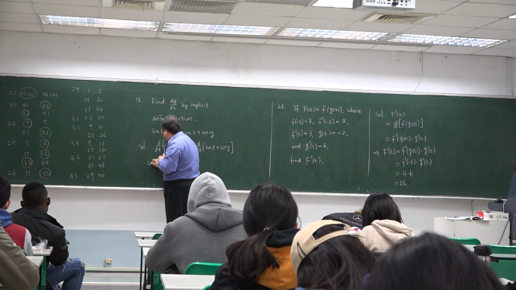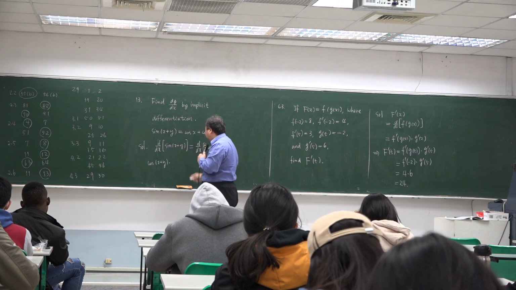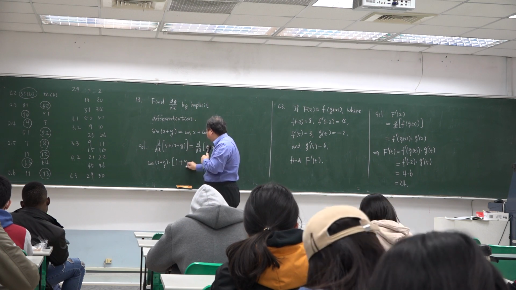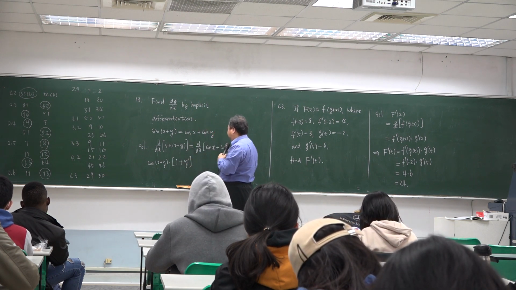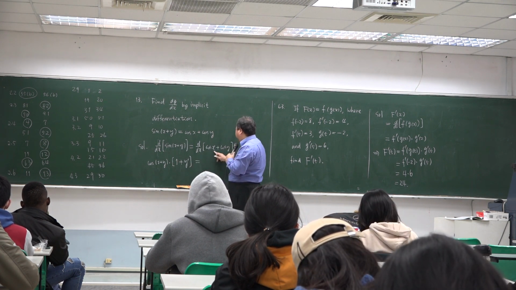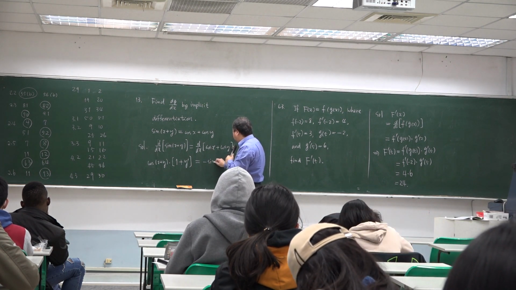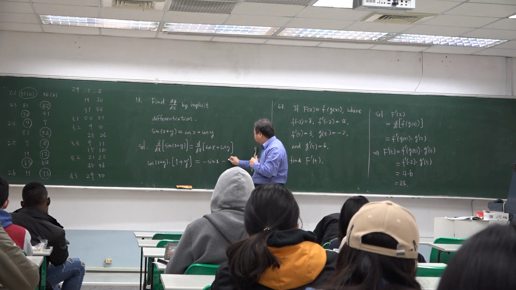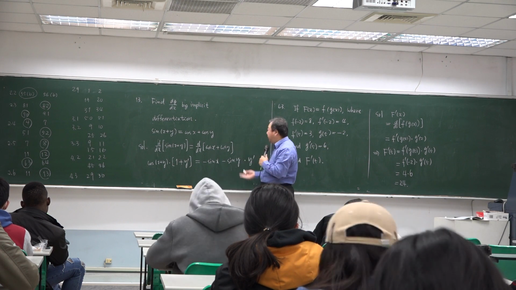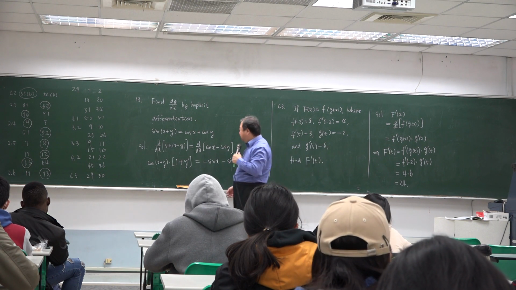The derivative of sine is cosine times the derivative of the inside, which is 1 plus y prime, we use y prime for simplicity. Chain rule. X is the independent variable. The derivative of cosine is minus sine. Minus sine of y times y prime, because y equals f of x. Implicit differentiation.